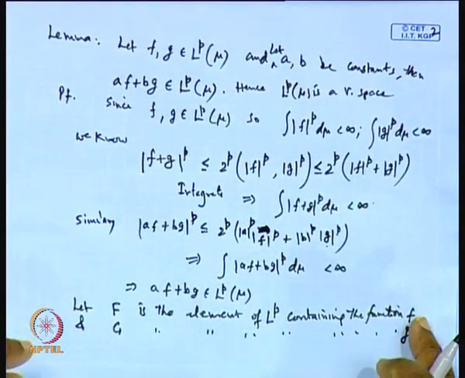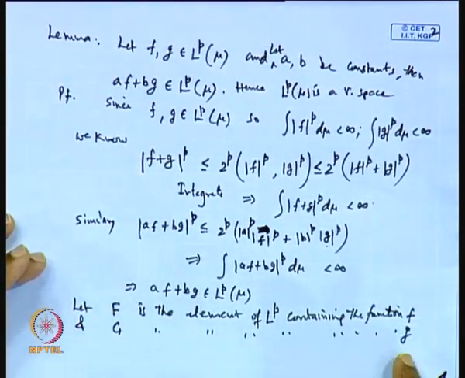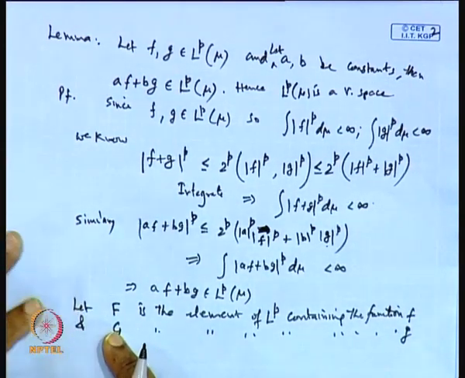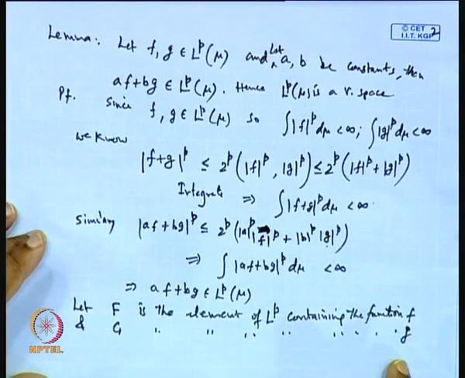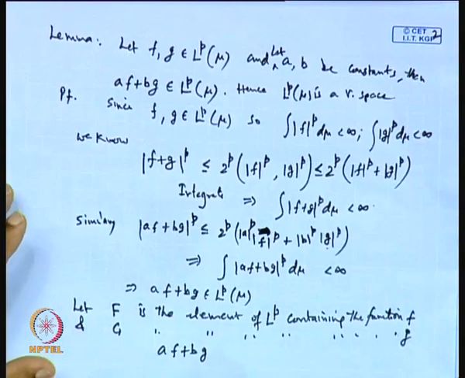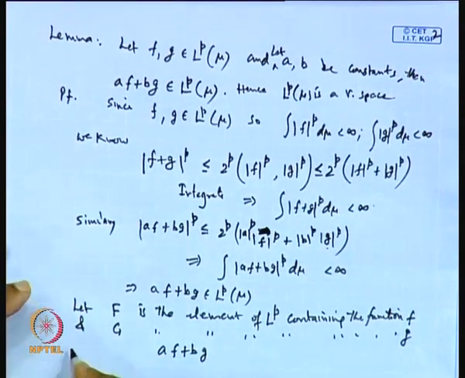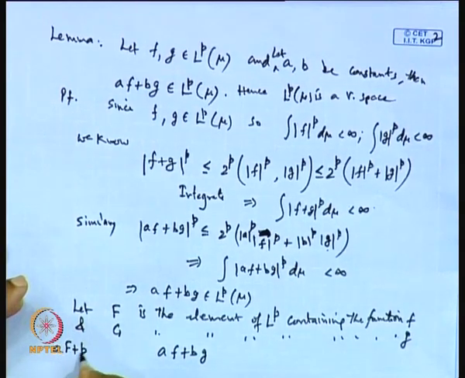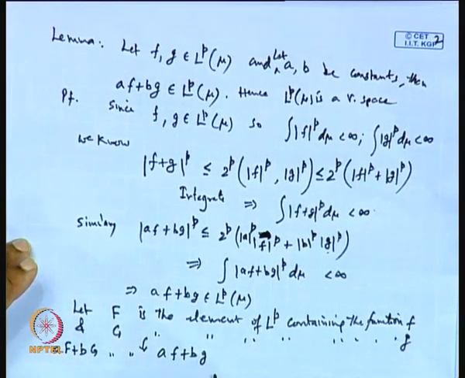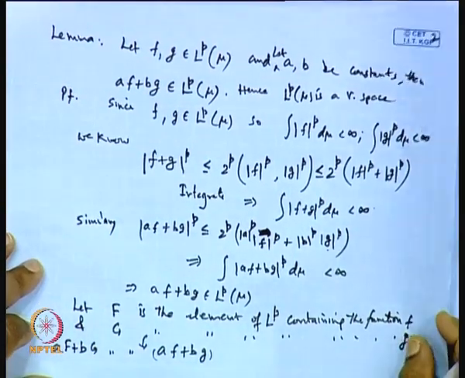All the functions which are equivalent to f will belong to capital F, and all the functions which are equivalent to g almost everywhere belong to G. Then we can easily see that the class a F + b G is the element of L^p containing the function a f + b g. It can easily be seen.